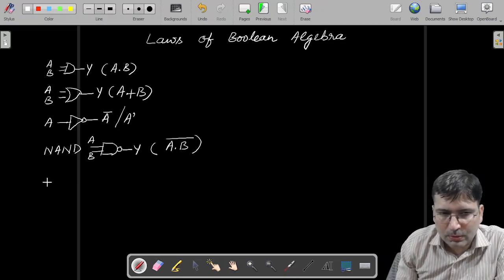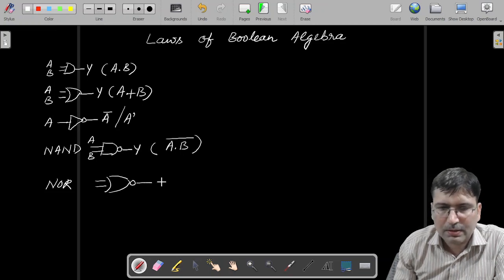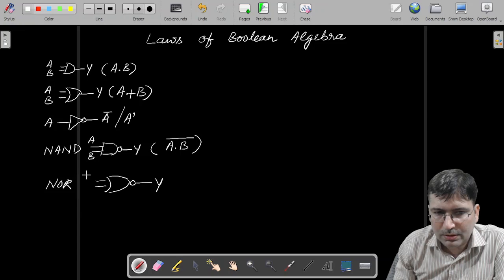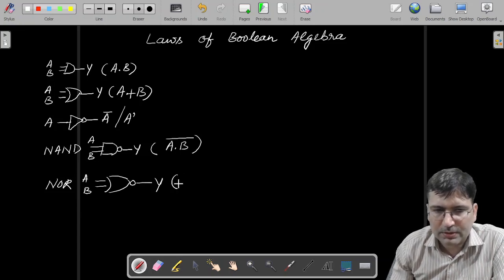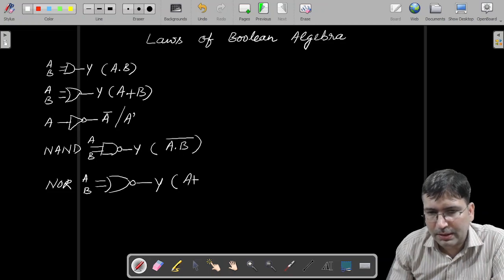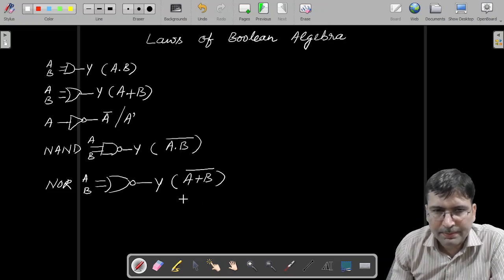Similarly, when you talk about NOR, the representation of NOR will be like this. There will be a bubble. It is generating one output, taking inputs A and B. The Boolean expression for this we can write as A plus B whole bar, right?